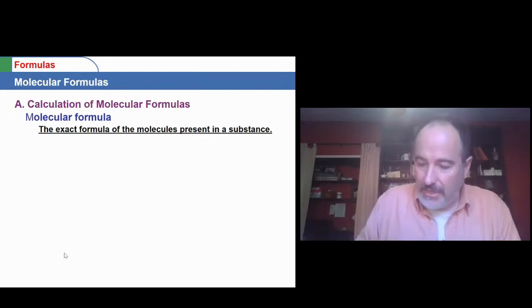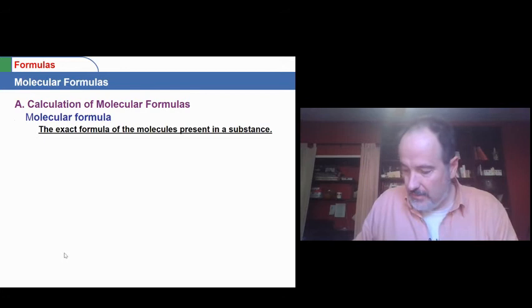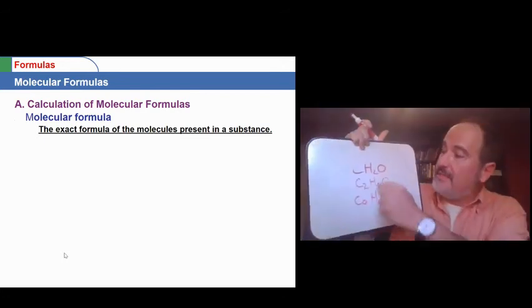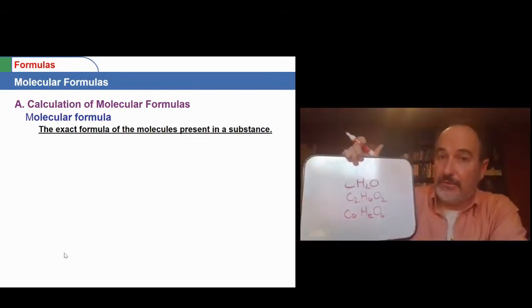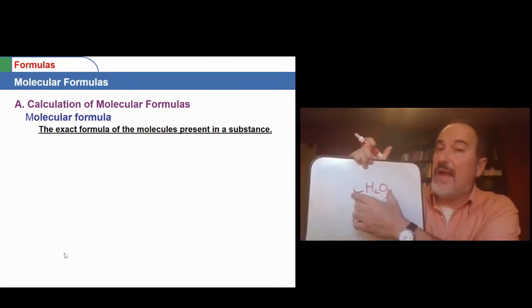Just to name a couple, you could have all of these. All right, all of these molecules have exactly the same empirical formula. If you reduce these down, this right here is formaldehyde.